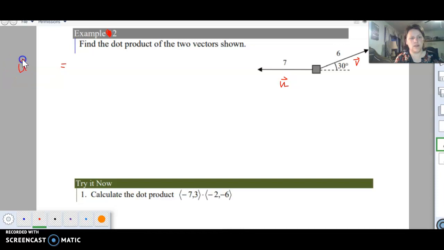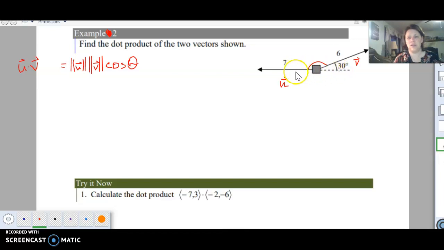So the dot product of u and v is equal to the magnitude of vector u times the magnitude of vector v times cosine of theta, where theta is the angle between the two vectors. So right in here is the angle we want.